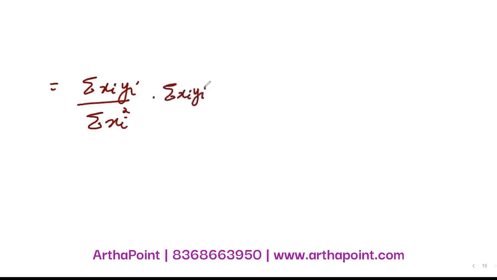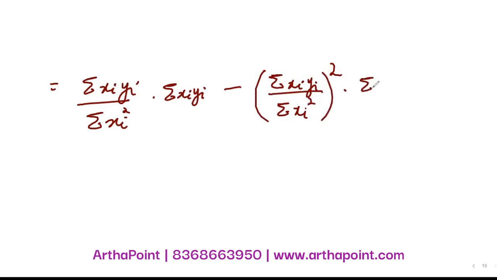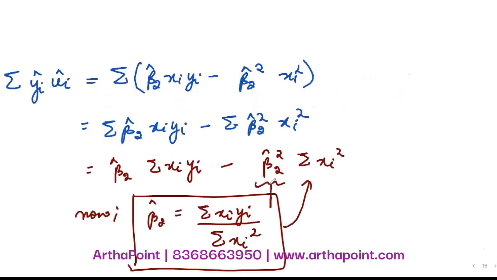I will get summation xi yi upon summation xi square into summation xi yi minus summation xi yi upon summation xi square whole squared into summation xi square. I'm just replacing with this formula.